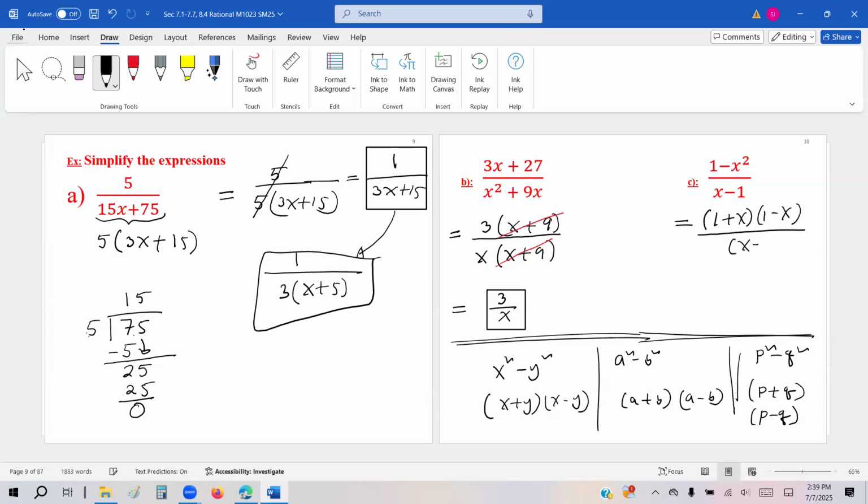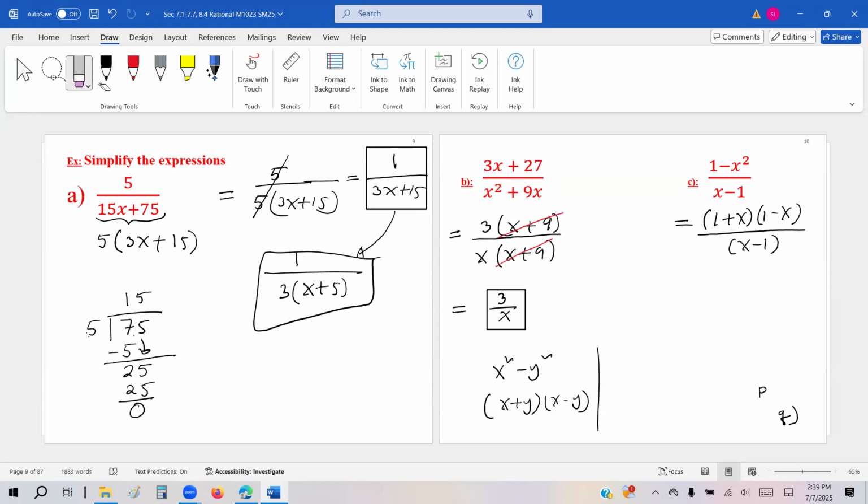Now we have x minus 1 in the bottom. Let me use this. So here I was showing you a squared minus b squared means a comes first, b comes later. P squared minus q squared, p comes first, and then q. So anything using difference of squares, the first base has to be written first.